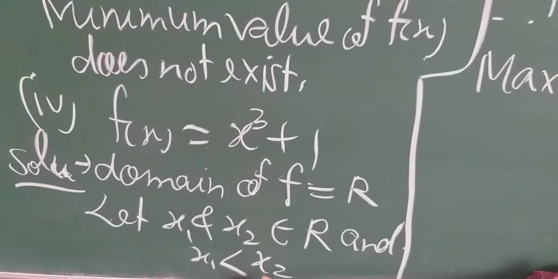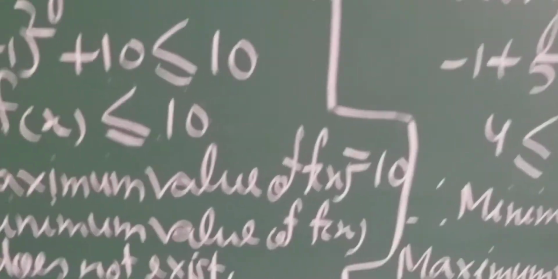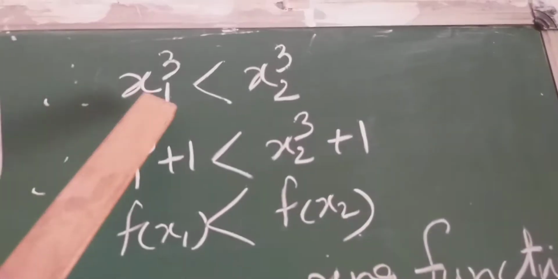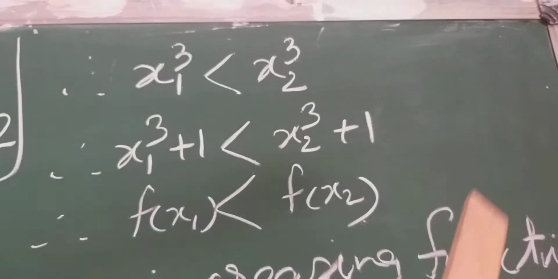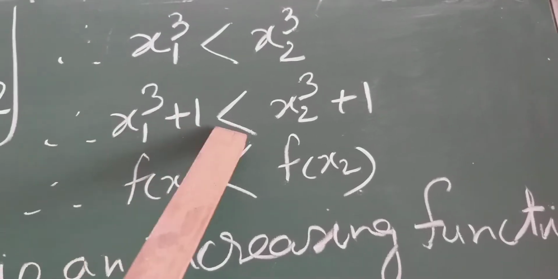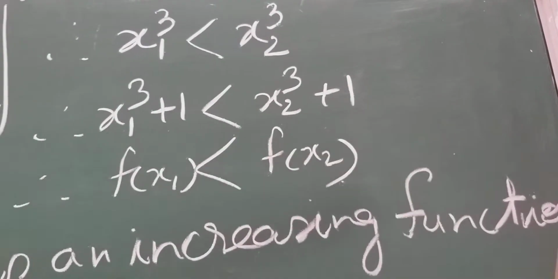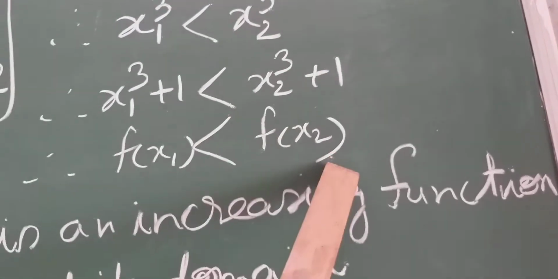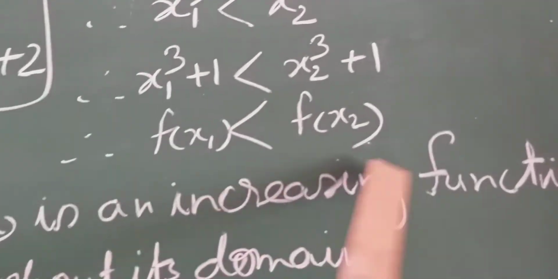When we do cubing both sides, then we can write x1³ also less than x2³. Now adding 1 both sides, so x1³ + 1 less than x2³ + 1. So it is f(x1) and it is f(x2). So f(x1) also less than f(x2).